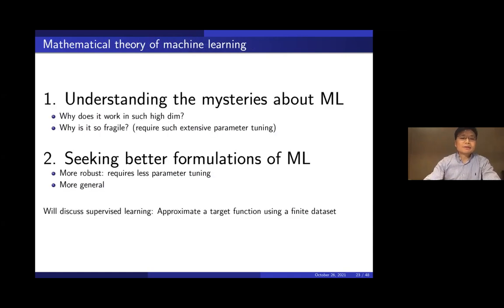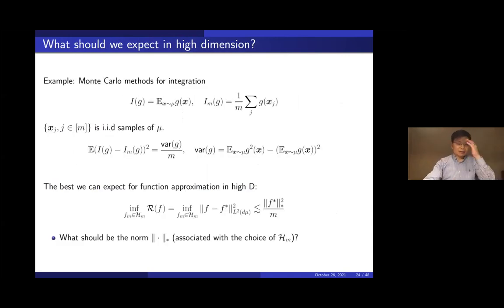I'll start with the first. Why do things work in such a high dimension? We do have a very successful example in high dimension: computing integrals. Monte Carlo sampling in statistical physics, we can calculate integrals of millions of variables quite routinely, and that's very remarkable, even though we sort of forgot how remarkable it is. And that's because we have Monte Carlo sampling.